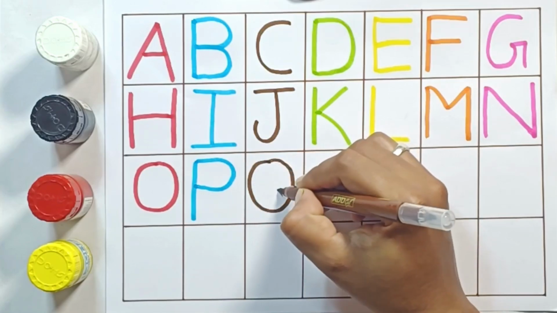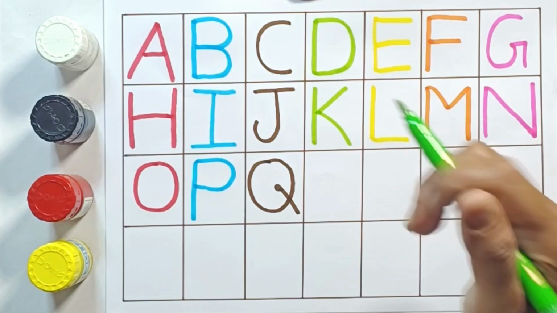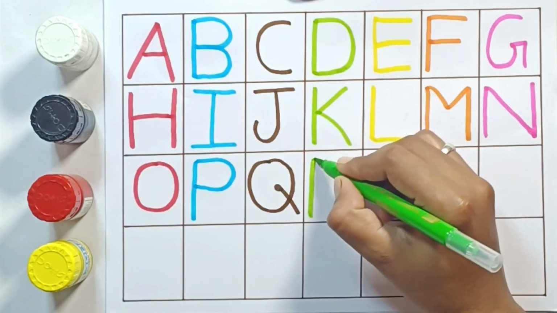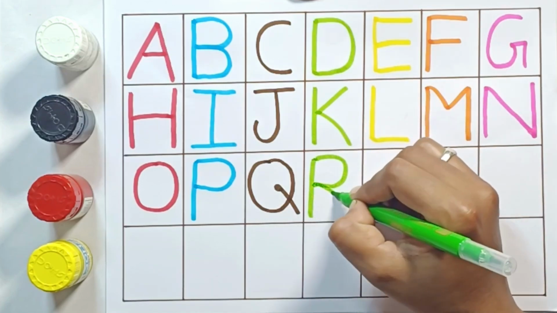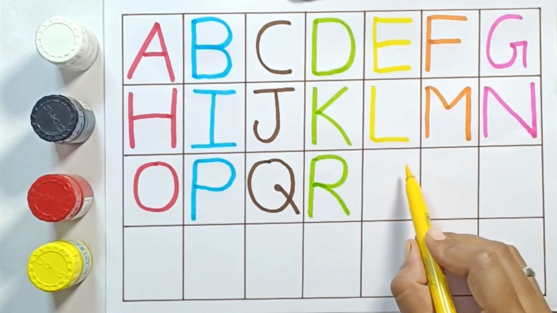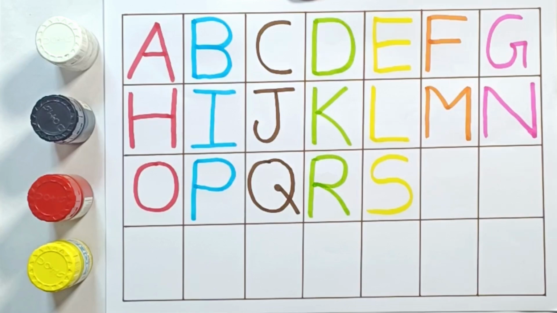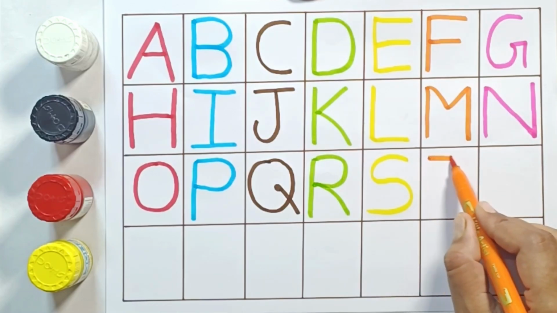Q for squirrel. Q for squirrel. R for rabbit. R for rabbit. S for star. S for star.